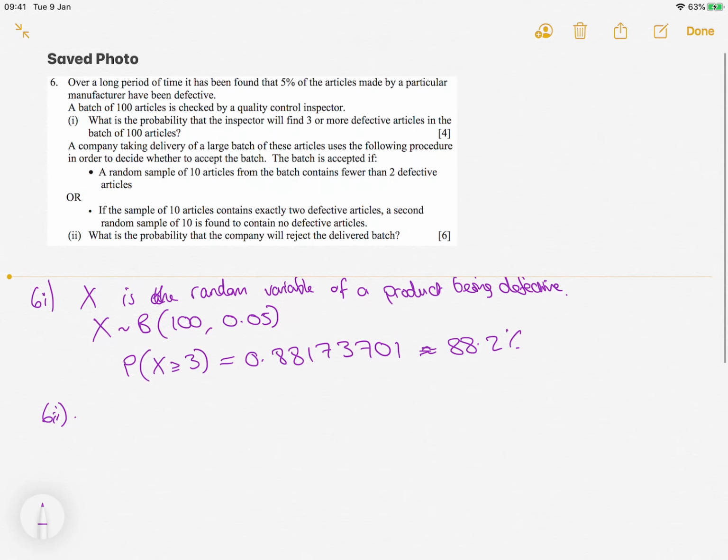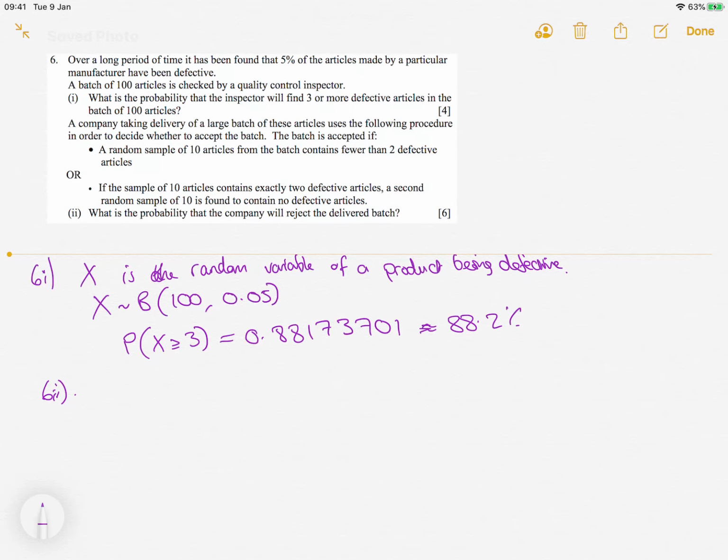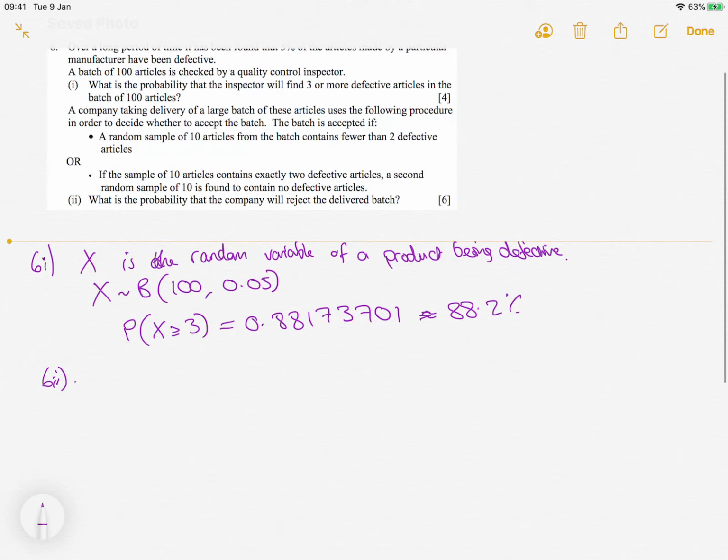Okay, part II. So there's two situations here where they will reject the samples. This is where they accept the samples. So if a random sample contains fewer than 2 defective articles, or if it contains exactly 2, so basically anything more than 2, they will definitely reject.